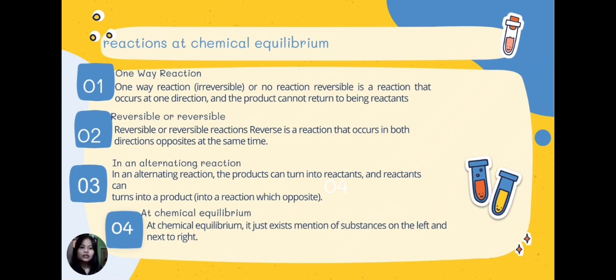In an alternating reaction, the product can turn into reactant, and reactant can turn into product. 4. At chemical equilibrium, the substances move from left to right and right to left.